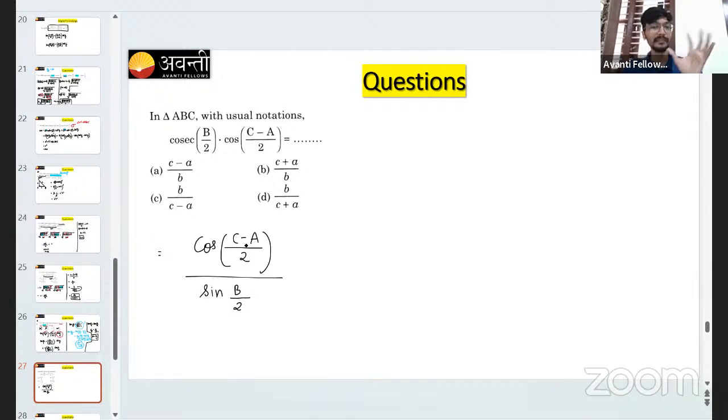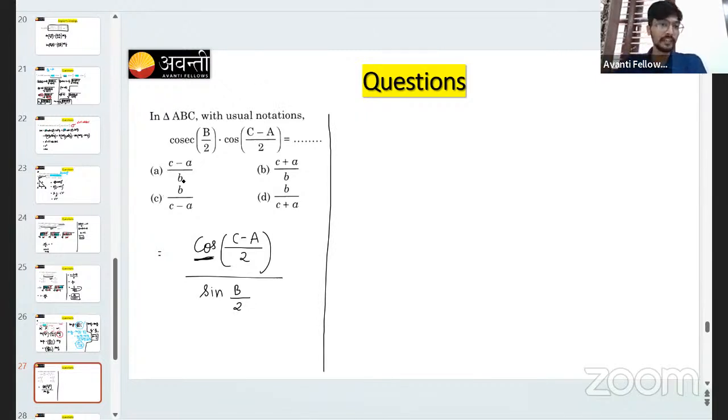This pattern looks similar to Napier's analogy. Tan also had a minus b, b minus c, c minus a by 2. But the problem is we have cos here, we don't have tan. If we had tan, then we would have easily used Napier's analogy.